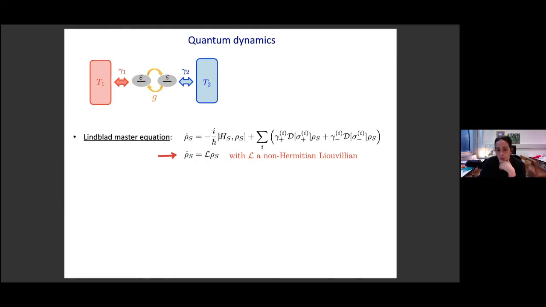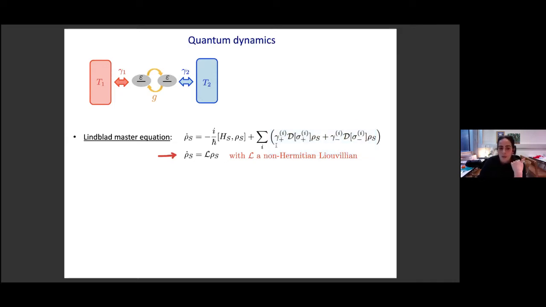And in fact, this entire term here is also called a Liouvillian and denoted by this calligraphic L, where L is a super operator that is applied to my density operator, and it's non-Hermitian, of course, because of dissipation. H_S is Hermitian, but the dissipative terms are non-Hermitian.